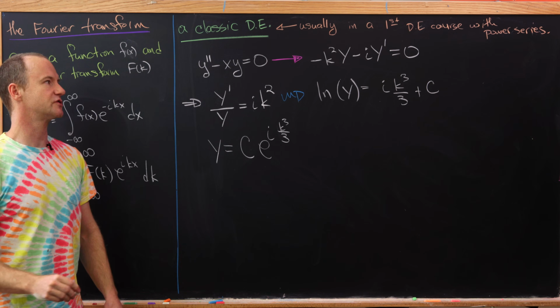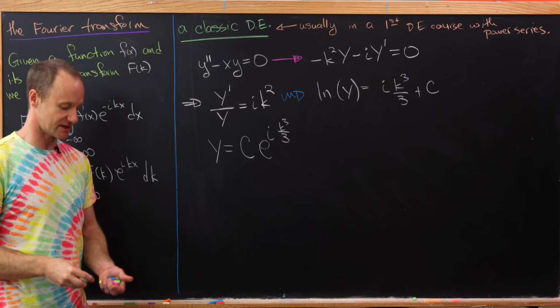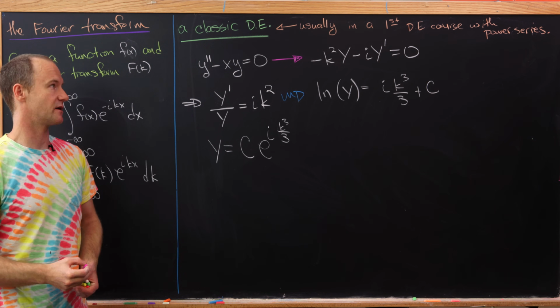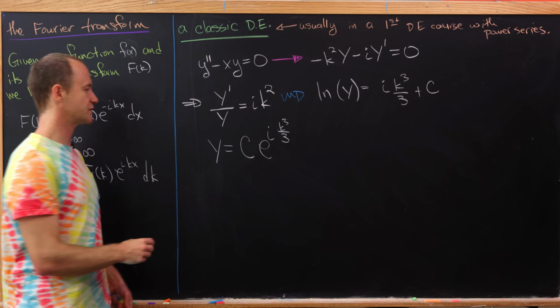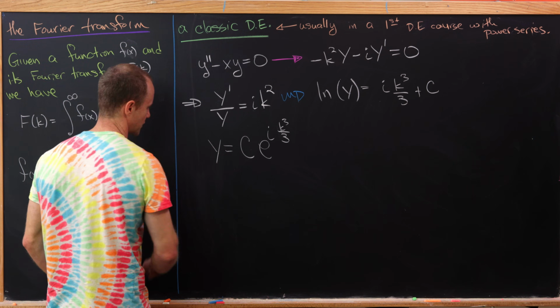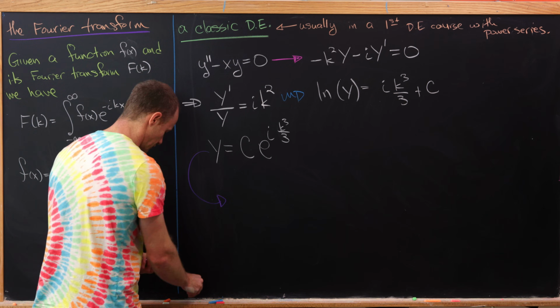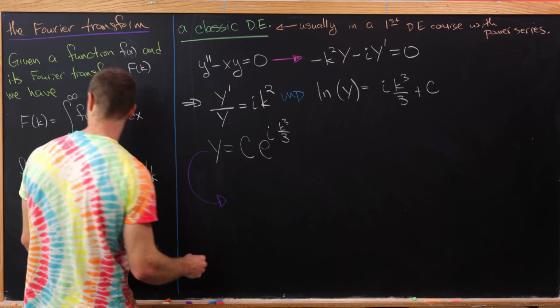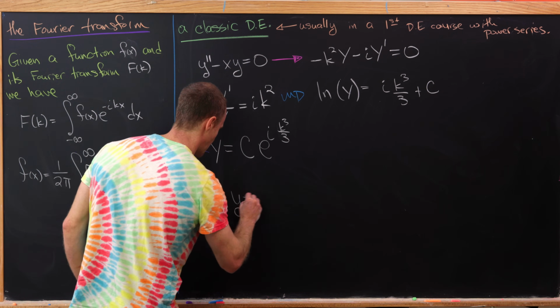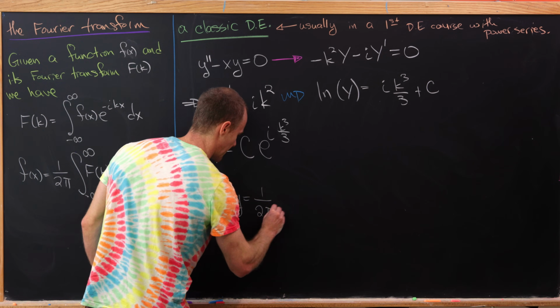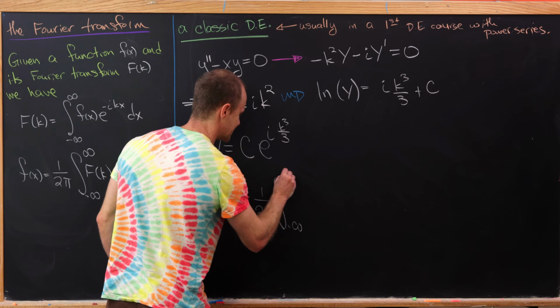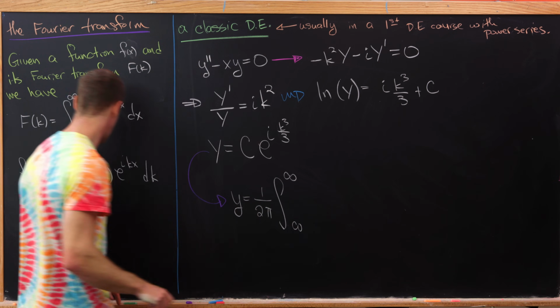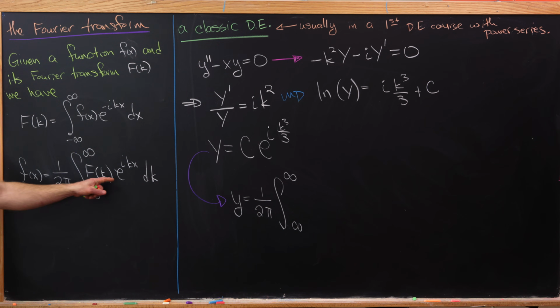But this is not the solution to our differential equation because this is the Fourier transform of y, which means to get our solution, we need to apply the inverse Fourier transform. So let's do that, but let's recall that the inverse Fourier transform is given by this integral. So here we have lowercase y is equal to 1 over 2 pi, and then the integral from minus infinity to infinity of uppercase Y times e to the i kx.